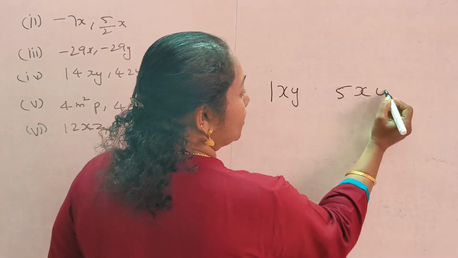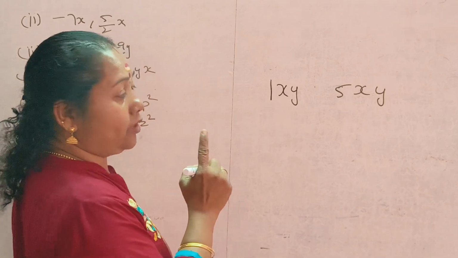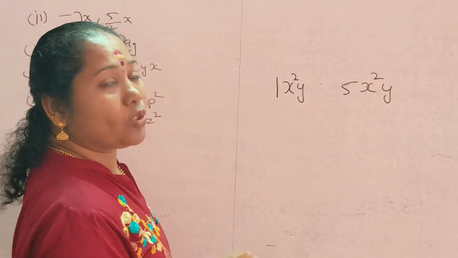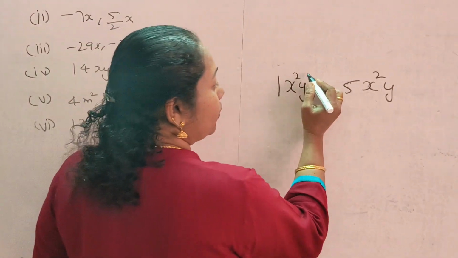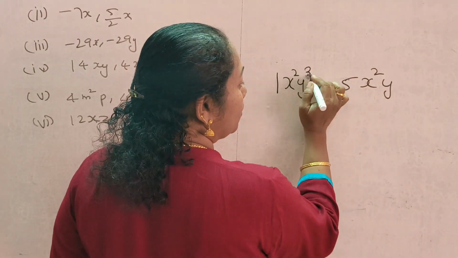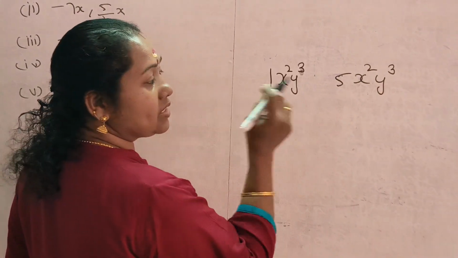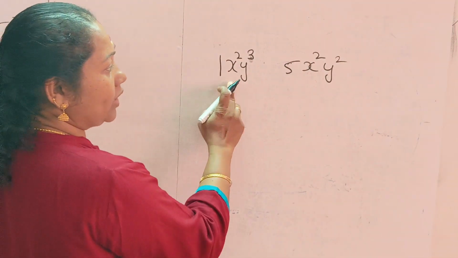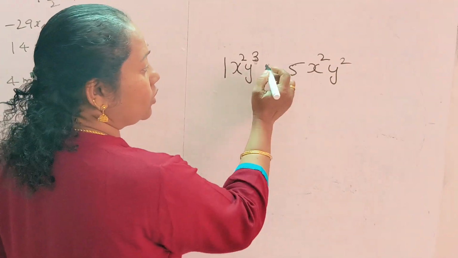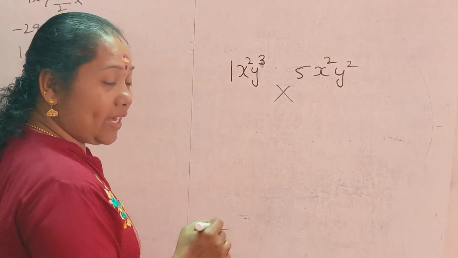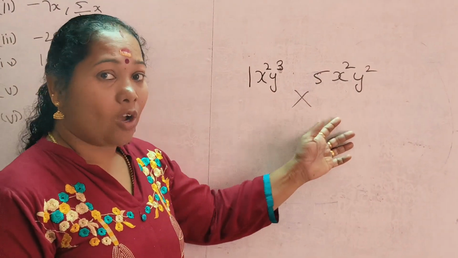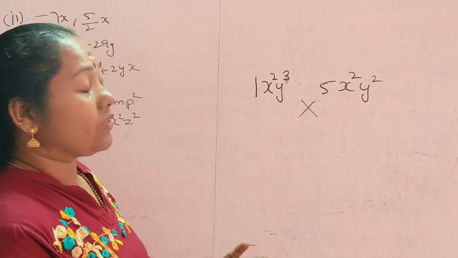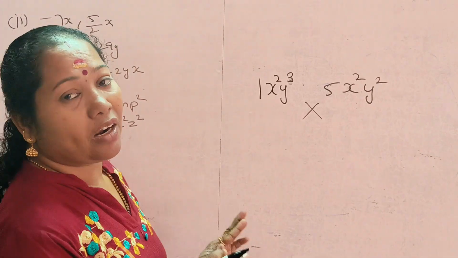Xy and xy are like terms. 1x squared y and 5x squared y are like terms. And y squared, y cube and y cube are like terms. But if this is xy squared and this is x squared y cube and x squared y squared, these are not like terms. Both sides should have the same variables with the same power, then only they are called like terms.